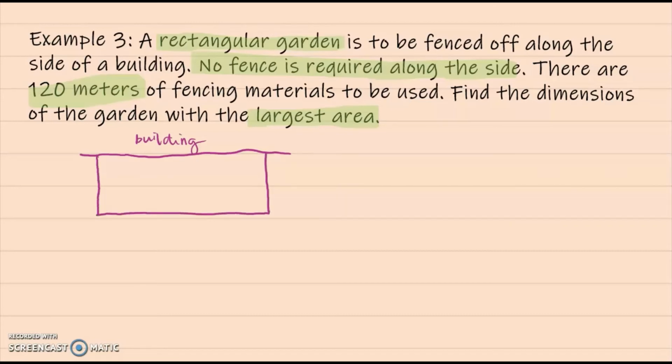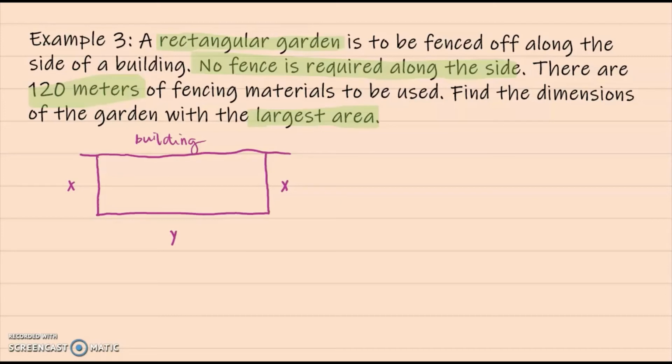Now remember, no fence is required along that side of the building. So to find the perimeter, let's just have x on both sides and y for the width.